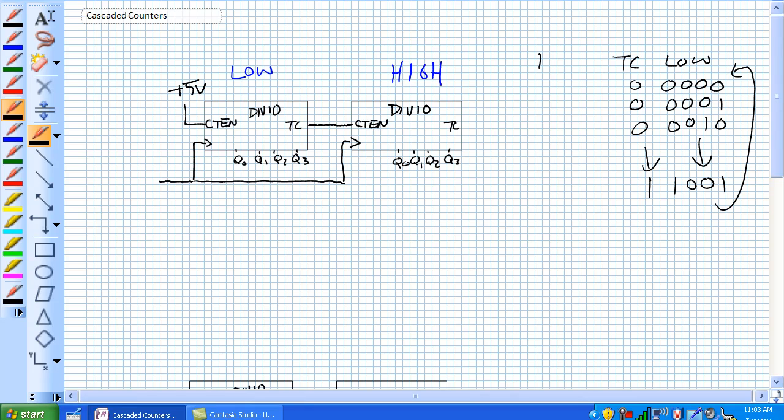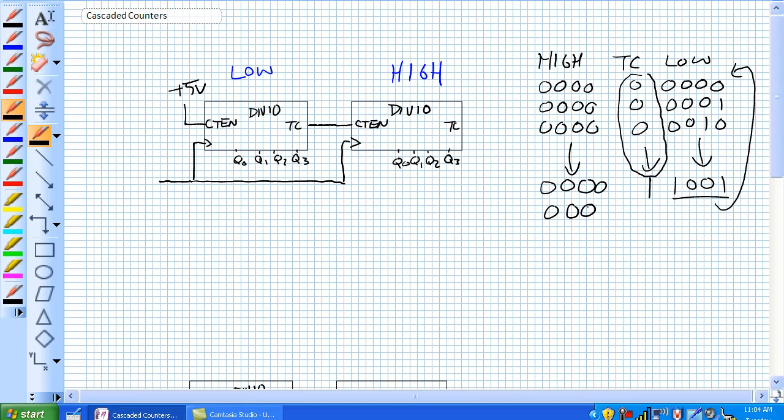Now for our high order, given that terminal count for all these was 0, regardless of what's going on in the low order, it's always a 0. But when the low order has reached 9, TC is 1, and since it's being fed to the count enable of the high order, the next clock pulse comes along. What happens here?